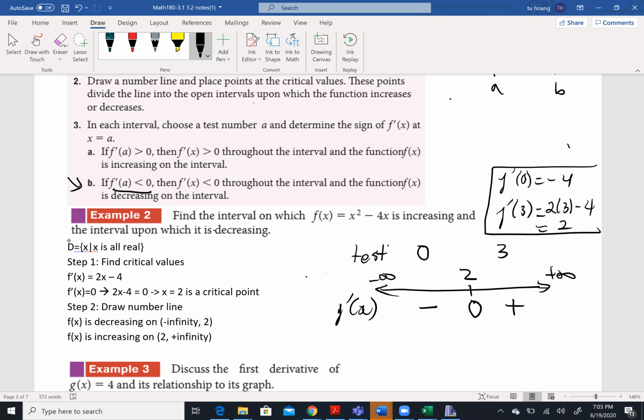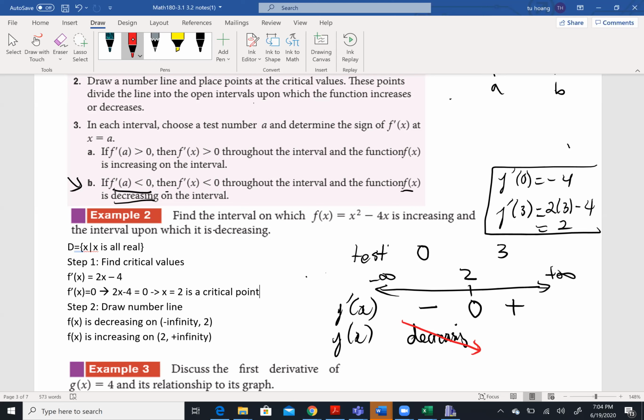And I also know that f of x has to be decreasing on this interval. So I say f of x here is decreasing. Okay, but from now on I'm actually going to just use the notation of an arrow going down.